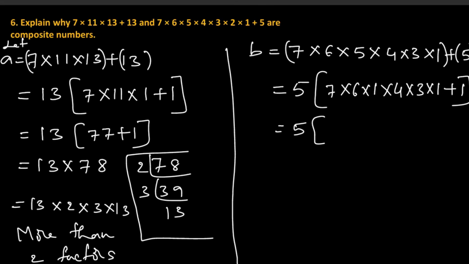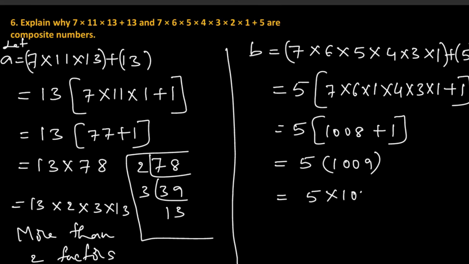5 into, in the brackets, first you multiply all the numbers. 7 6s are 42, 42 into 12, you will get 1008, plus 1, which is equal to 5 into 1009. So here you can see 5 into 1009. Again the same, more than 2 factors.